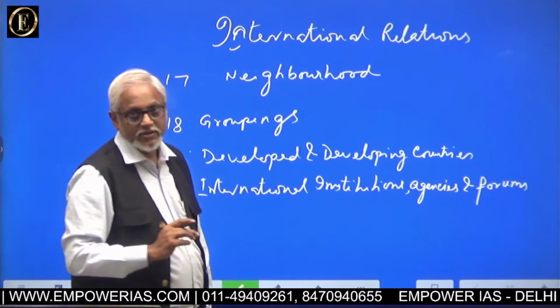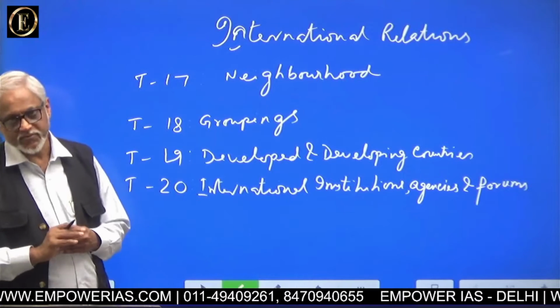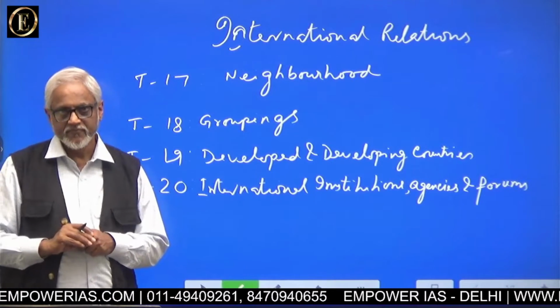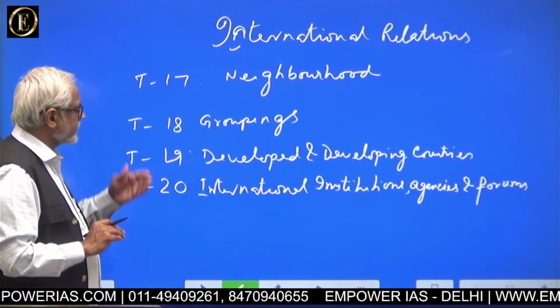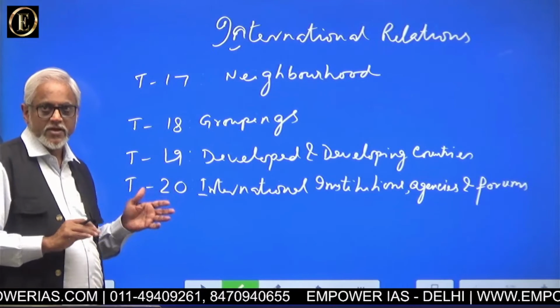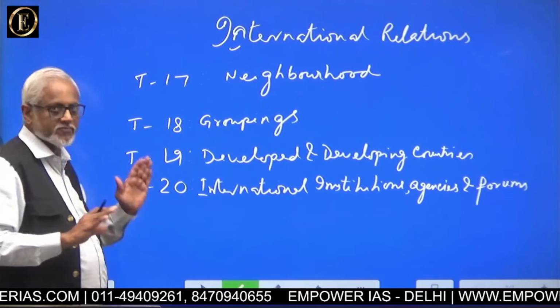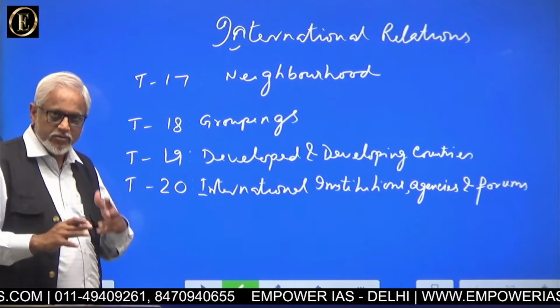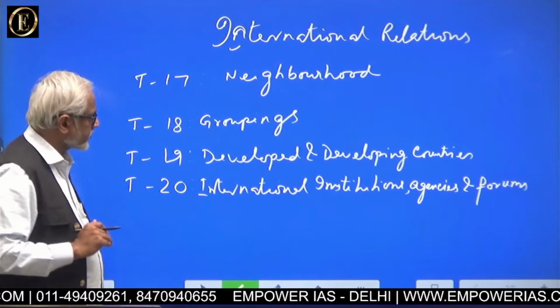Fine. So these are the 4 topics which are there in your syllabus or in your curriculum. Now, let us just go briefly on this. I am not discussing each of them in detail. I am just trying to give you an idea how you will prepare yourself on these subjects.